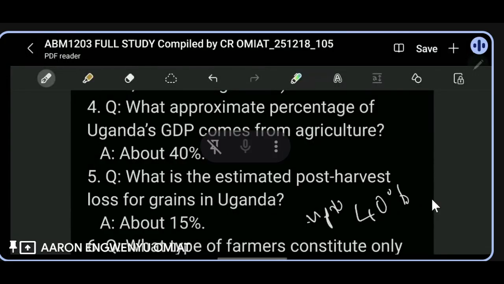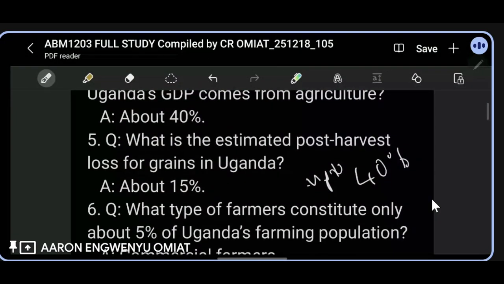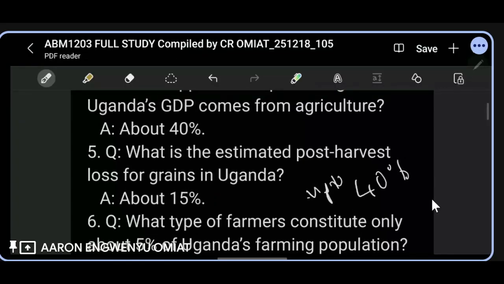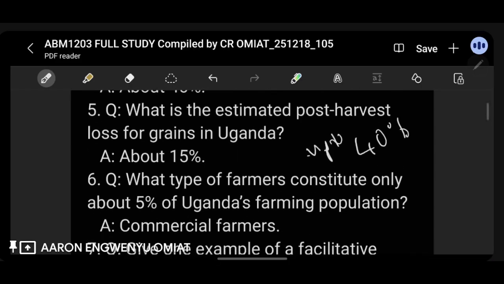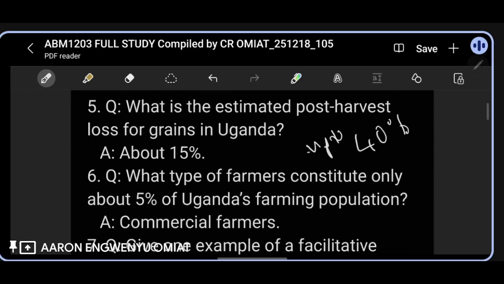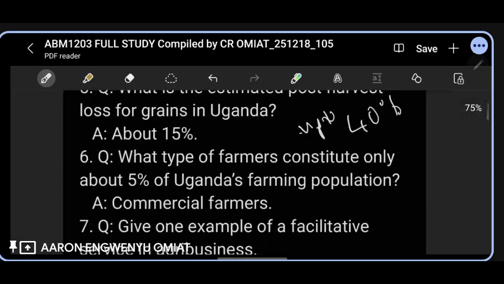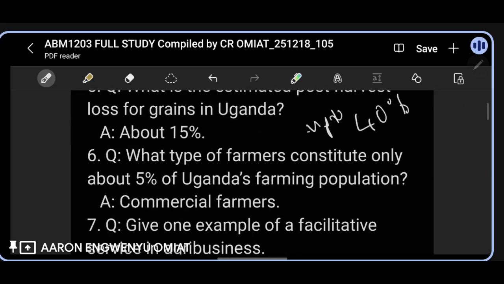of farmers. Okay, moving forward, this goes to Amina. What type of farmers contribute only 5% of Ghana's farming population? Commercial farmers. Okay, commercial farmers. Then subsistence farmers do 95%. Give one example of a facilitative service in agribusiness, Jerry.